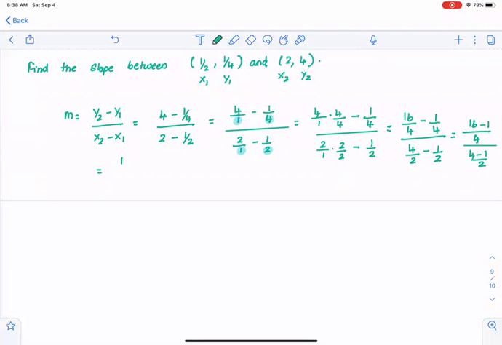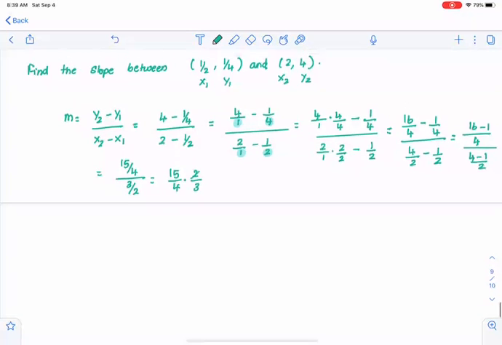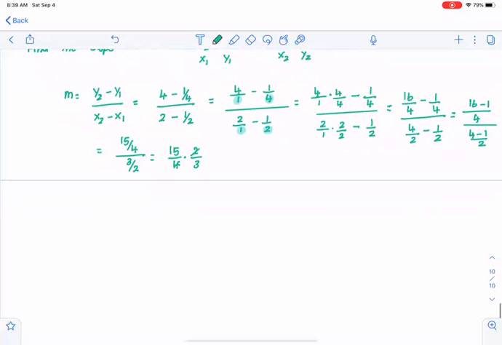16 minus 1 is 15 over 4. Denominator 4 minus 1, we get 3 over 2. Fraction over fraction, we flip and multiply. So 15 over 4 multiplied by 2 over 3. The 2 and 4 will get cancelled.